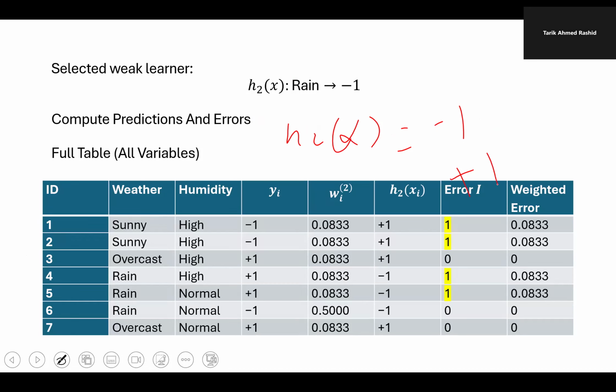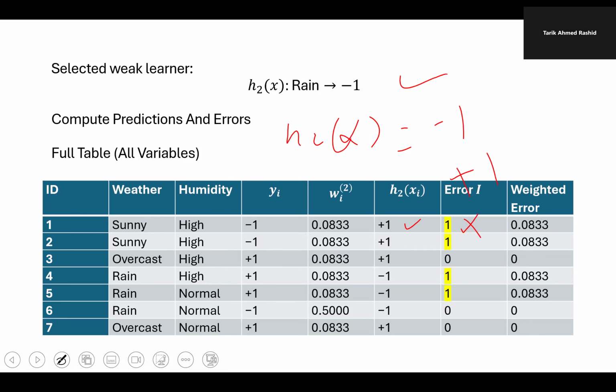Here we check: sunny is -1, but our condition is rain is -1. If it holds, -1. If it's not, then this should be plus. So sunny is -1, cannot be, it has to be plus. That's one error. Again, we selected the weak learner as rain, so H2x is -1 if it's rain.